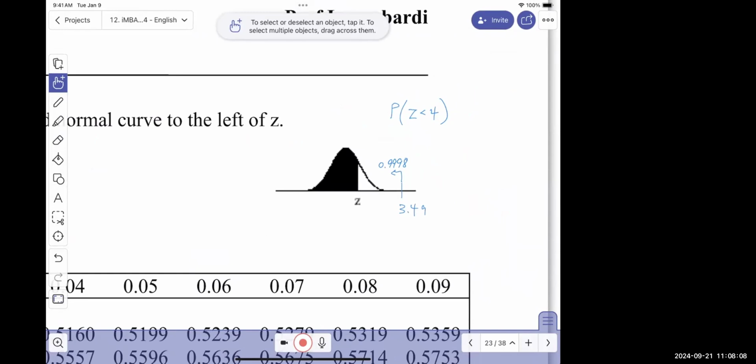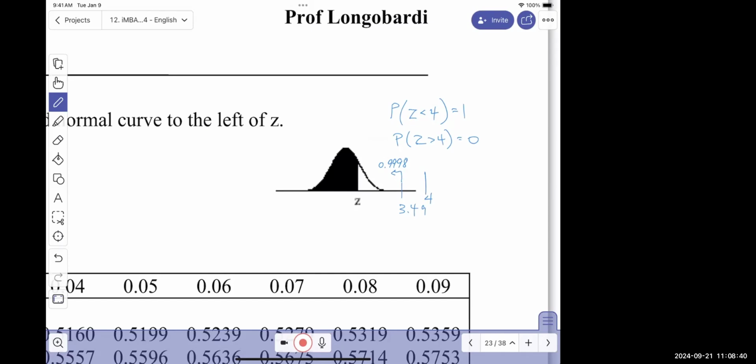Left is 1. I went left. If it was Z greater than 4, what would it be? Z greater than 4, if 4 is over here. There's nothing there, right? 0. Z less than 4 is 1. Z greater than 4 is 0.